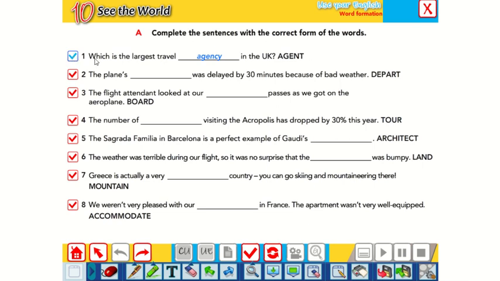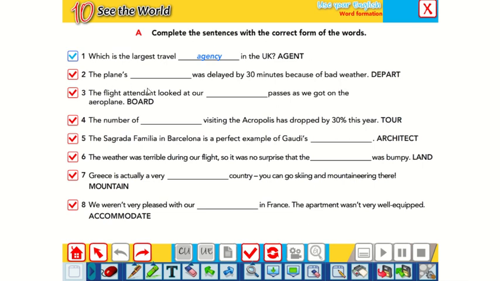If we look at the word before the space, the plane's, here we have the possessive 's, right? As you know, when we have the possessive 's, we put it between two nouns. So here we have the plane's what?